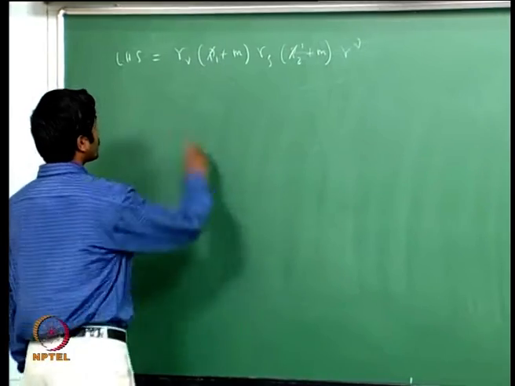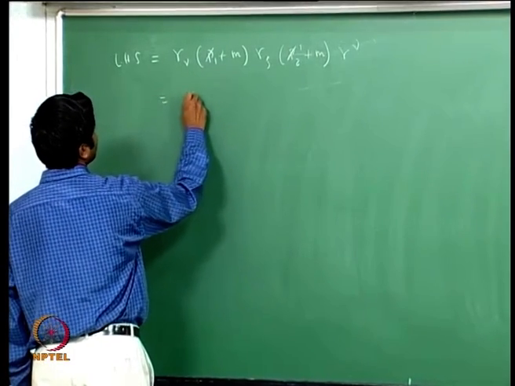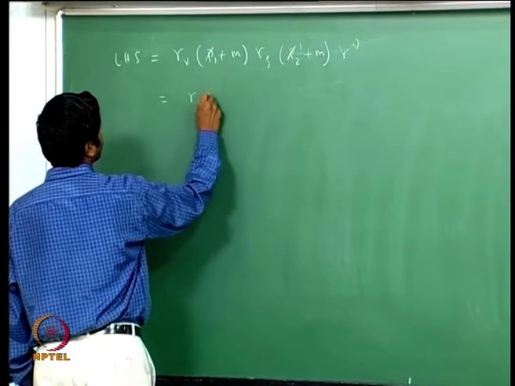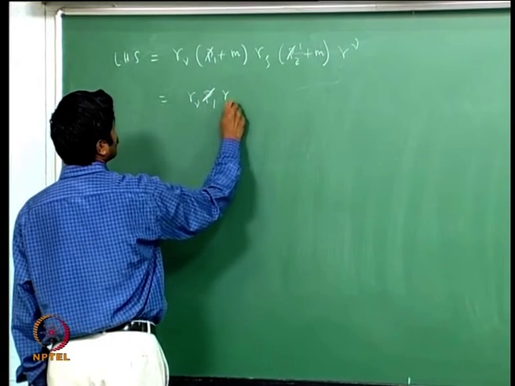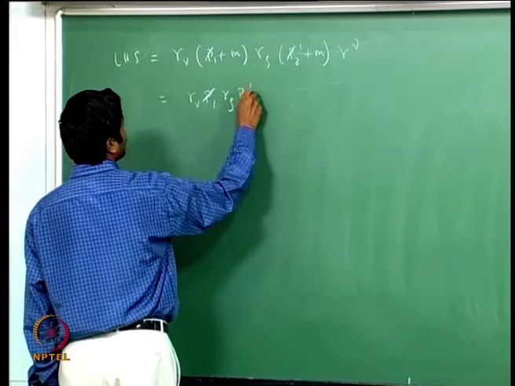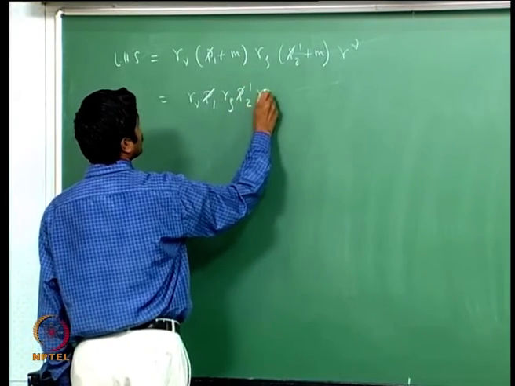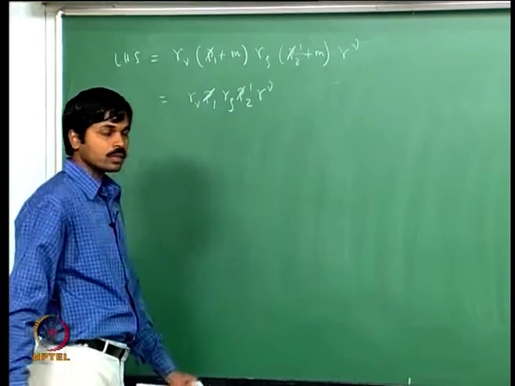I will expand this. So, this will give me gamma nu p1 slash gamma rho p2 prime slash gamma nu, that is the first term.